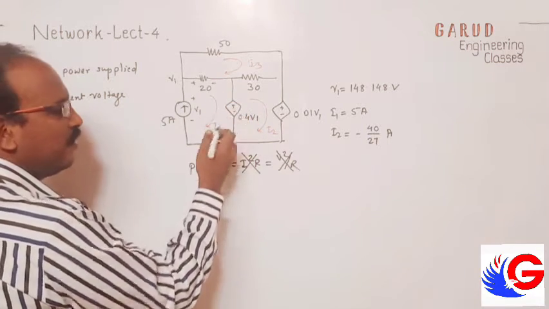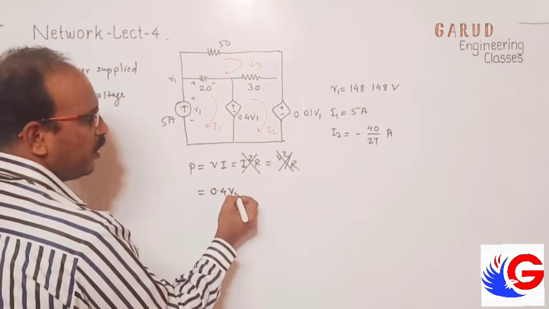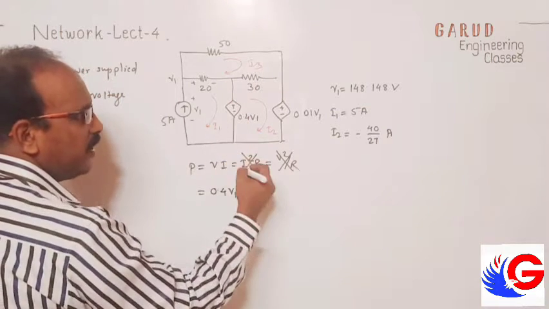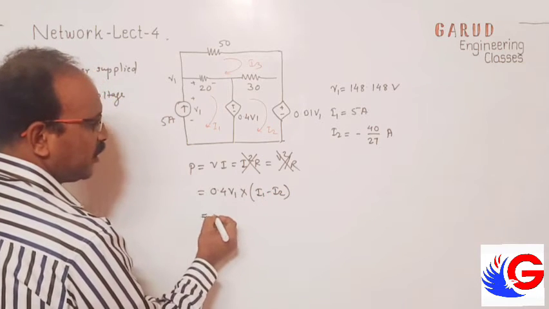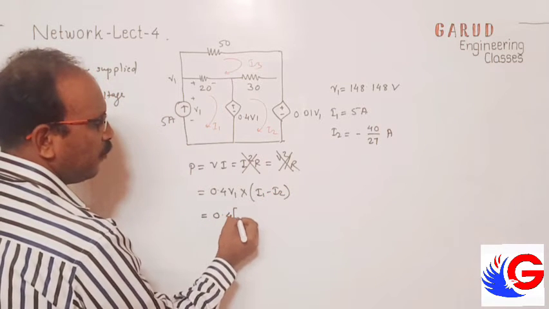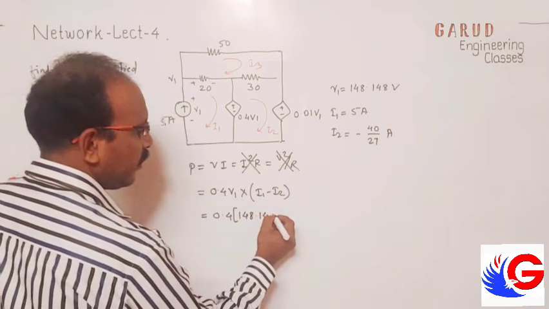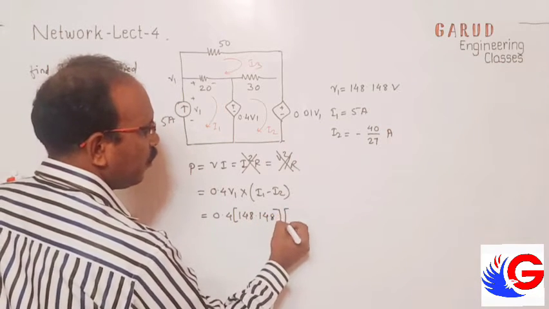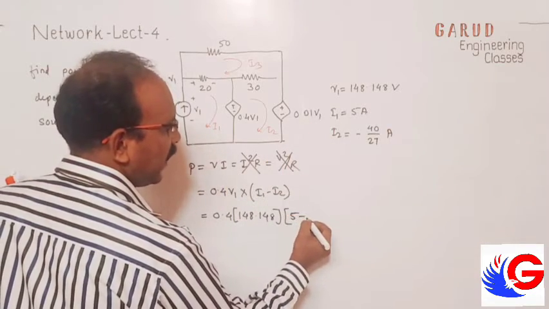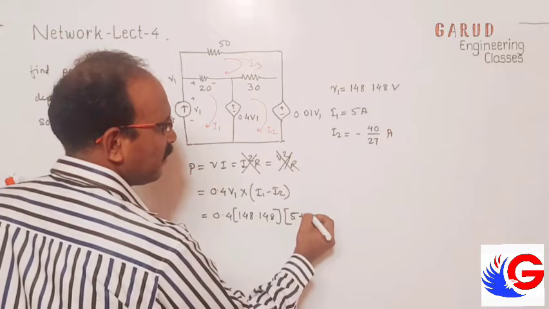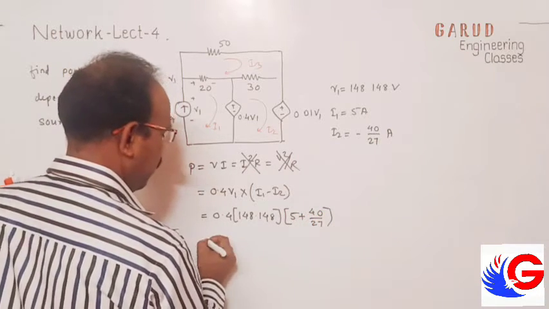This is the sharing branch. So I can write V is equal to 0.4 V1 into the current here, I1 minus I2. This can be written as 0.4 into V1, which is 148.148, into I1, which is 5 amperes, minus of minus I2, meaning plus 40 by 27.